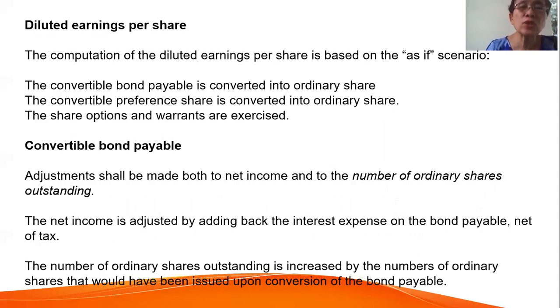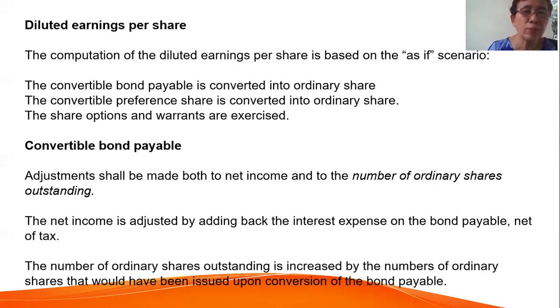The computation of the diluted earnings per share is based on the as-if approach. The convertible bonds payable is converted into ordinary share, the convertible preference share is converted into ordinary share, and the share options and warrants are exercised.